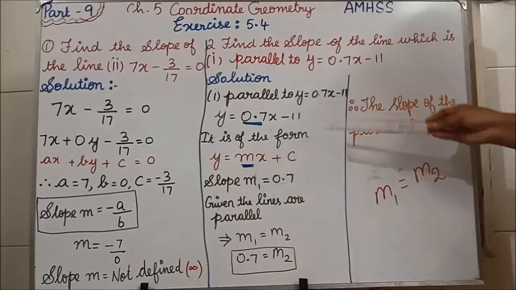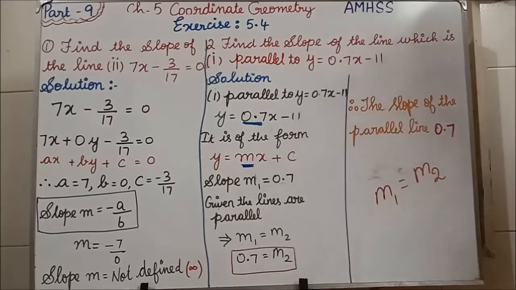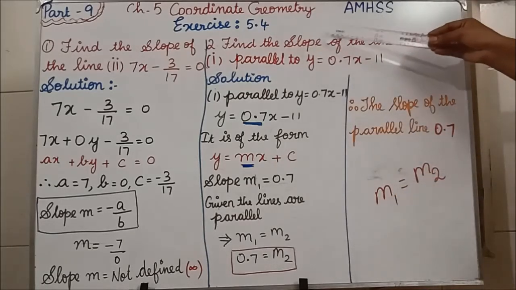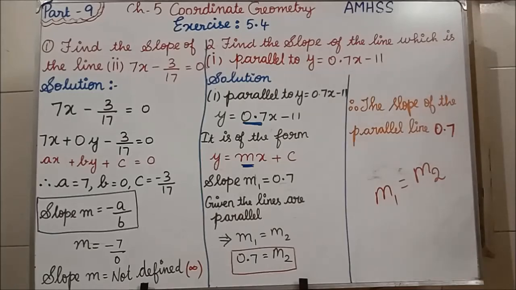Clear? If m1 is 0.7, then m2 will also be 0.7. They were asking for the slope, and slope means the m value. Therefore, the slope of the parallel line is 0.7. Clear, all of you? That was the second question, first subdivision. Next we'll see the second question, second subdivision.